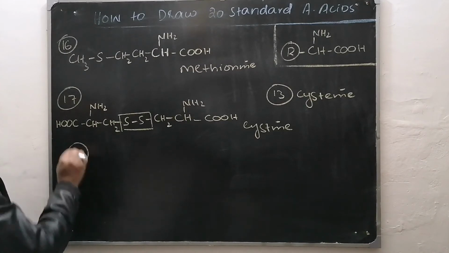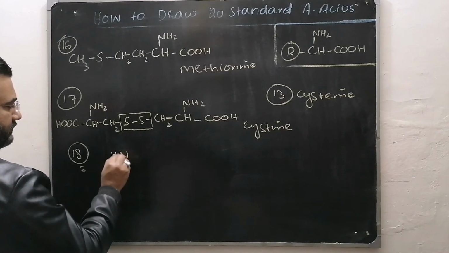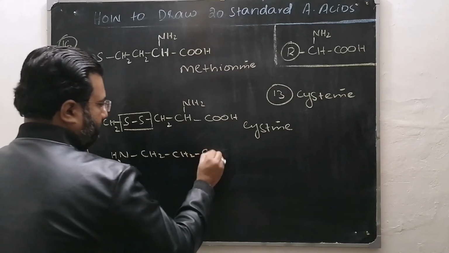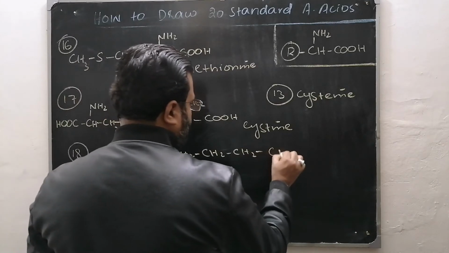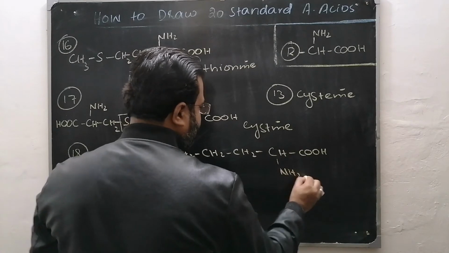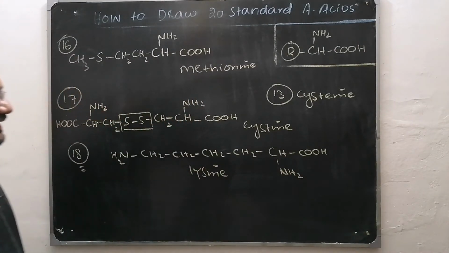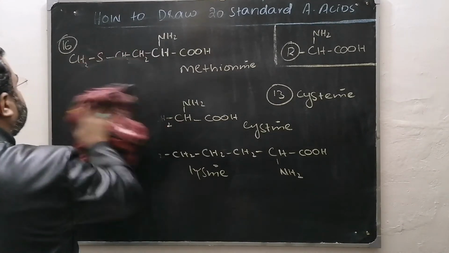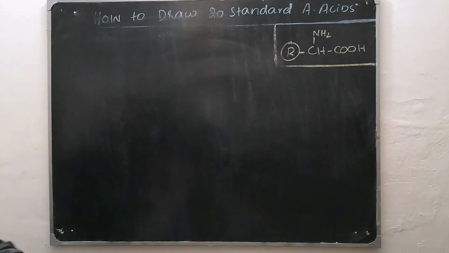Now let us move towards the 18th one. It is a basic amino acid which is lysine. So now let us move towards the structure of the 19th amino acid.